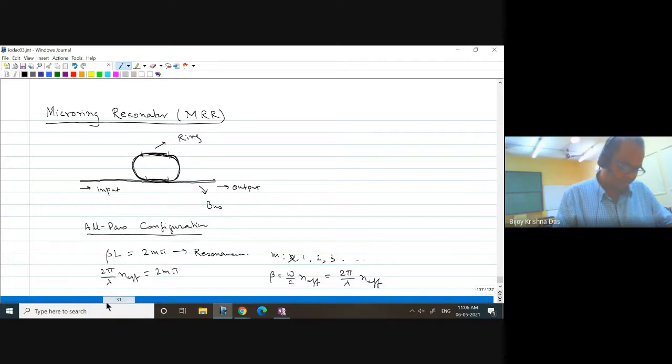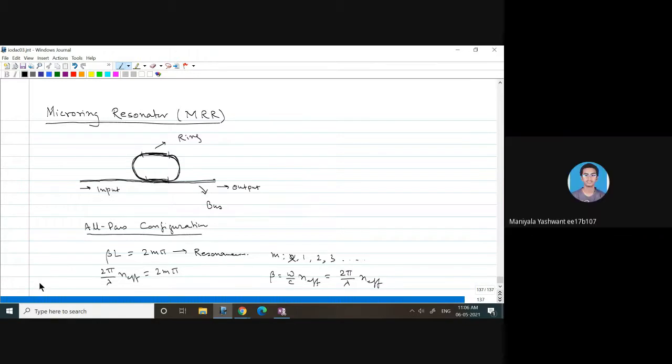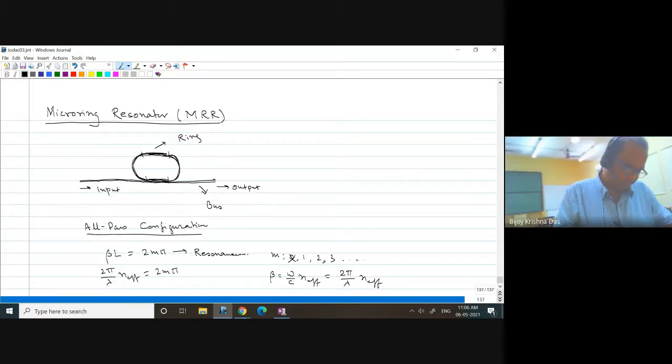And on the left hand side, what will be discretized then? n effective or lambda? Lambda. It should be lambda basically.